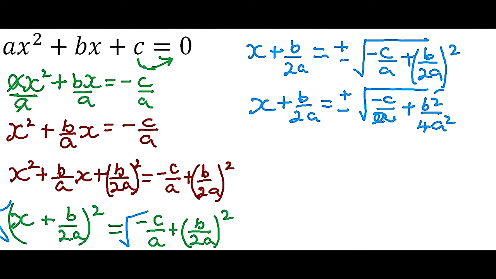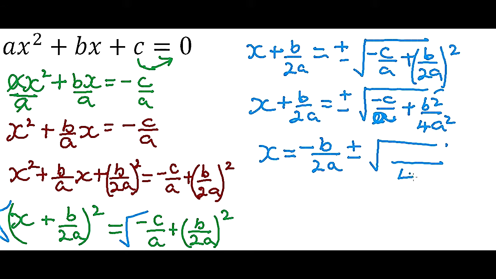We can get the LCM here. So we have our x equals, we take b over 2a to the other side, so it becomes minus. So we have minus b over 2a plus or minus. Now we write this as the square root of, the LCM here is 4a squared. 4a squared divided by a, we will have 4a.